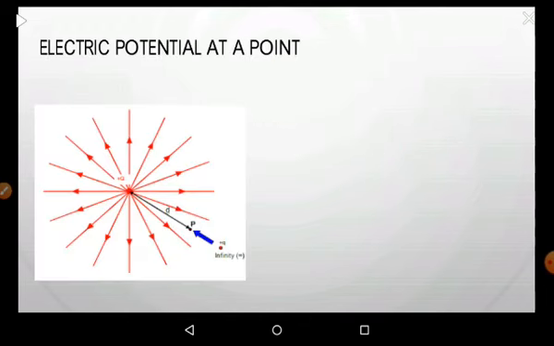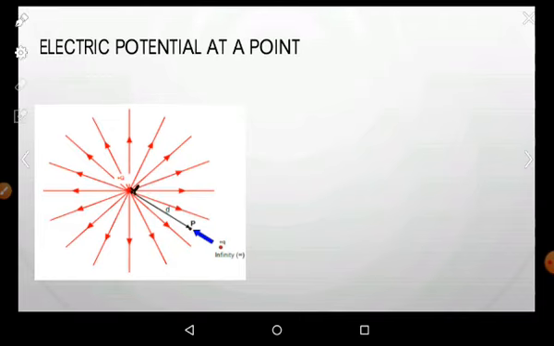Let us move to the first point. So this is about potential, electric potential, which is related to the given electric field. Here we have the diagram which shows the electric field of the considered or given charge. The given charge is placed here, and this given charge may be positive or negative.